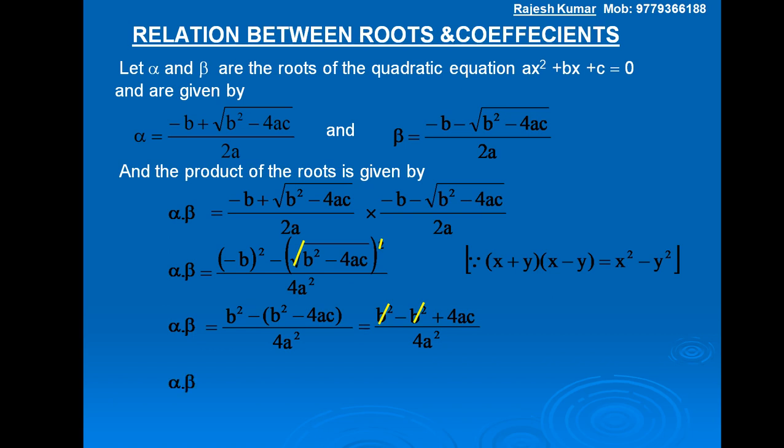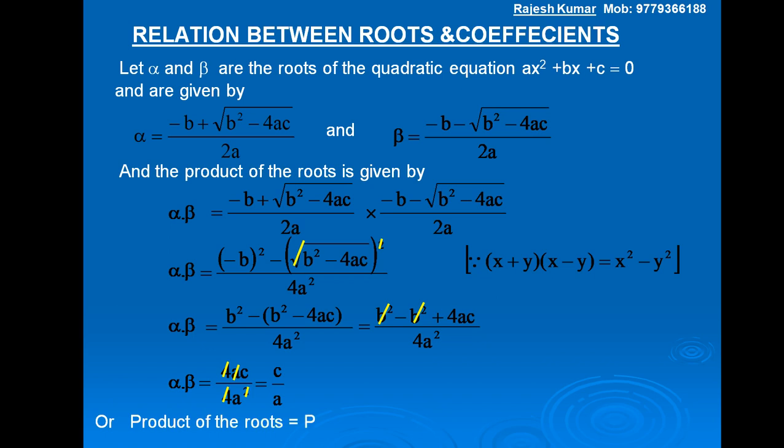So alpha into beta becomes equal to, in the denominator 4a square, in the numerator 4ac. 4 and 4 cancel each other, and also one a cancels, and we get c upon a. Alpha into beta is equal to c upon a.